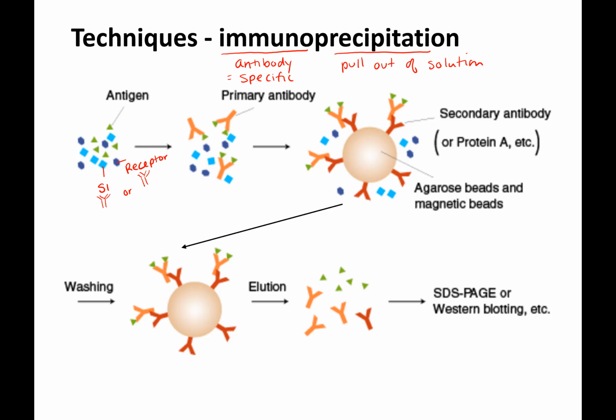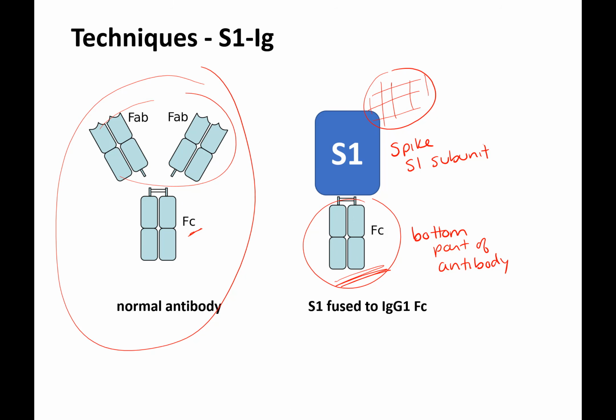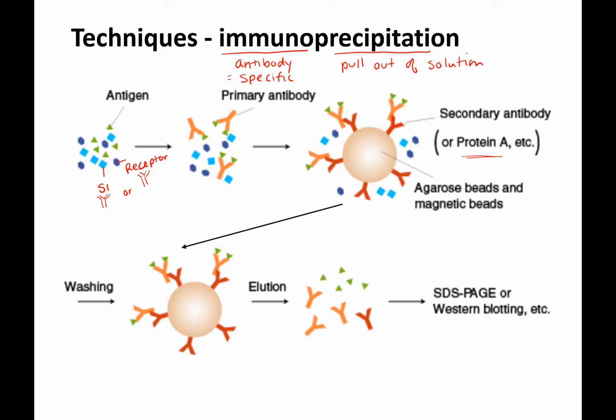Then you have something called protein A sepharose, which is basically a bead with antibodies. So we always draw antibodies as Ys. So you can see that here. Antibodies look like a Y. And so this has antibodies that bind the antibodies. So these are specific for the Fc regions.